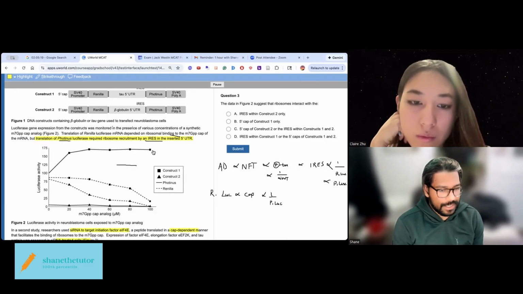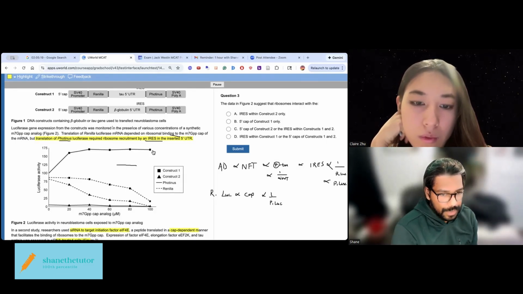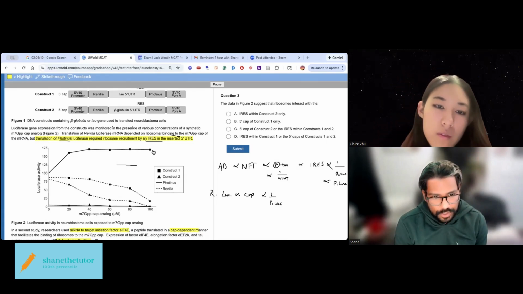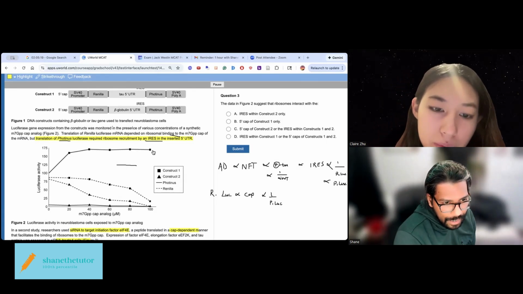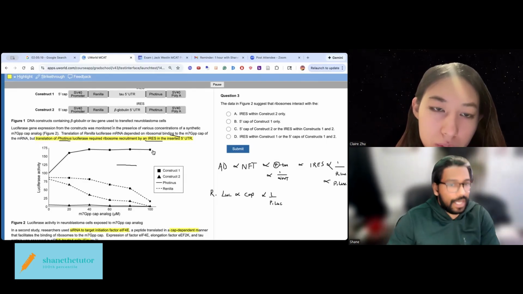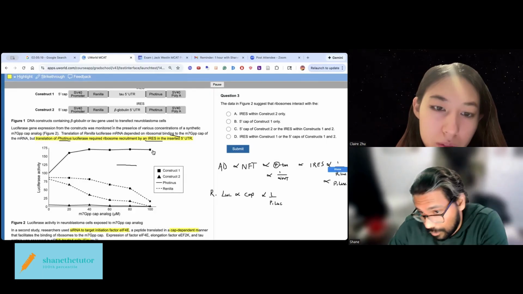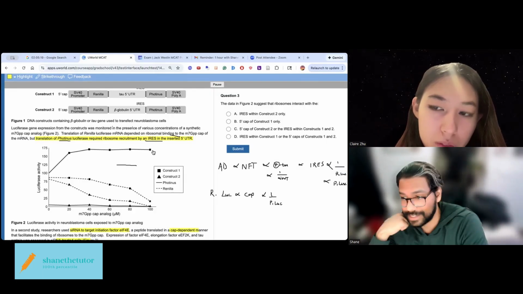Okay, let's see. And then figure two, so we have construct one square, construct two triangle, and we have Photinus and Renilla. Let's see if what we wrote out in the proportionality lines up.